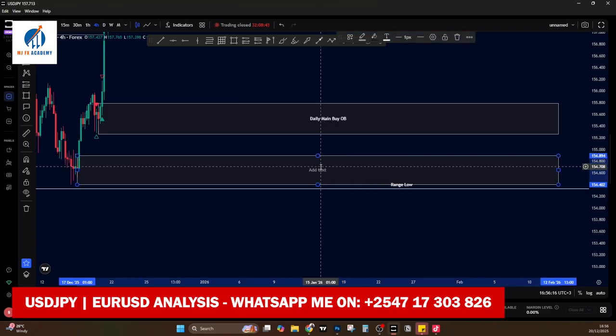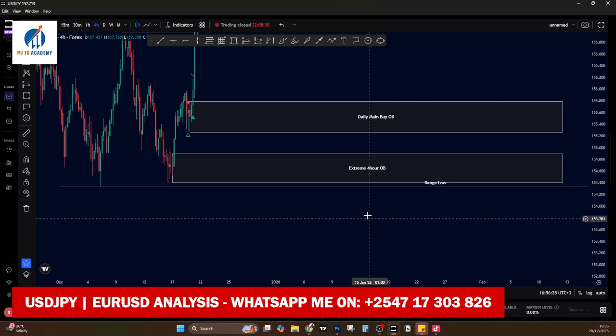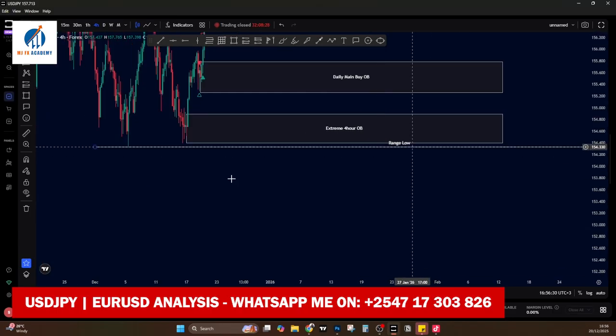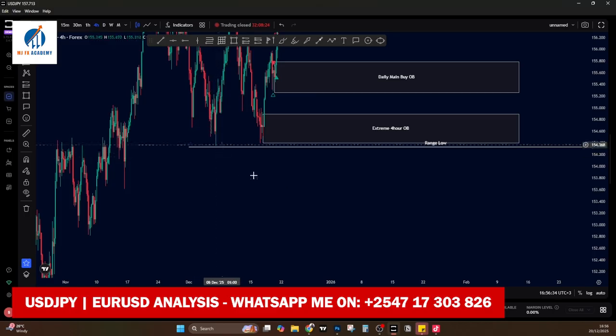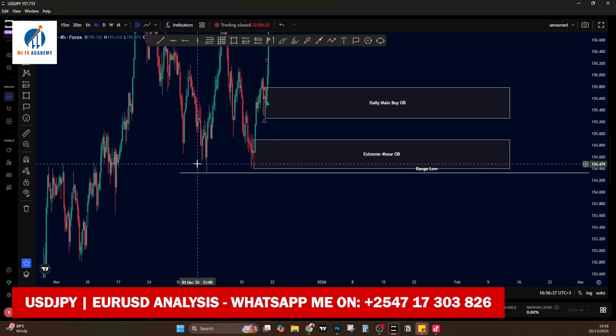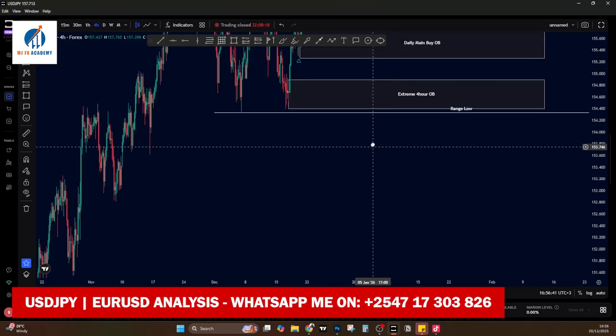So you come here and we call this the extreme 4-hour order block. We don't expect the market to go below this area, because this was our strong low.